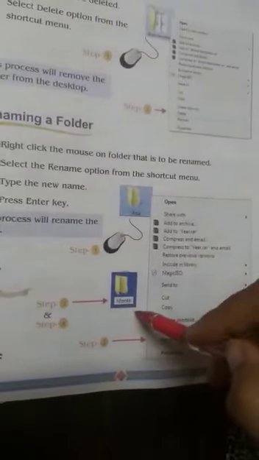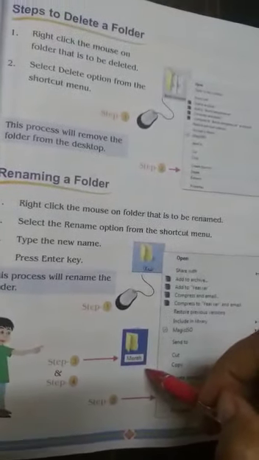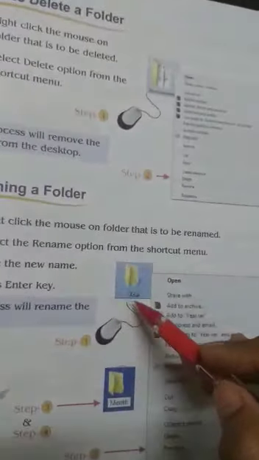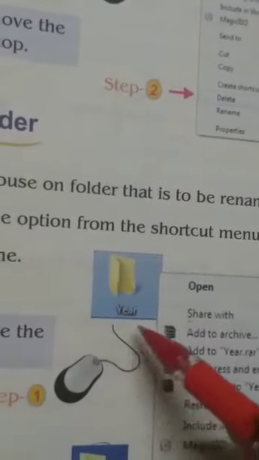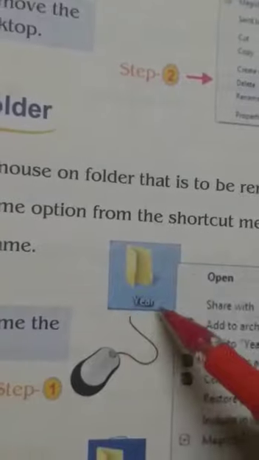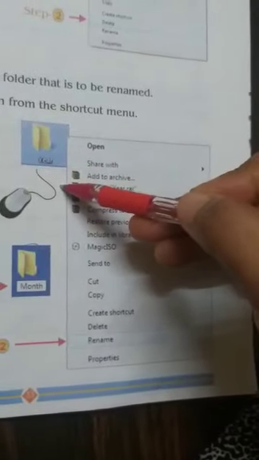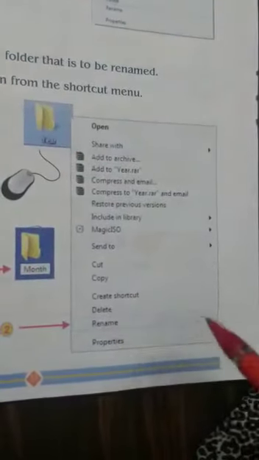Now let's take a quick recap. First of all children, we have to right click the mouse on the folder which we want to rename. After right clicking on it, we will see a shortcut menu appear on the computer screen. Then you will click on the rename option.